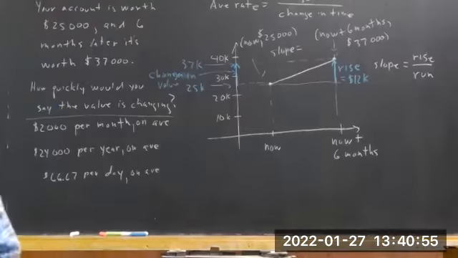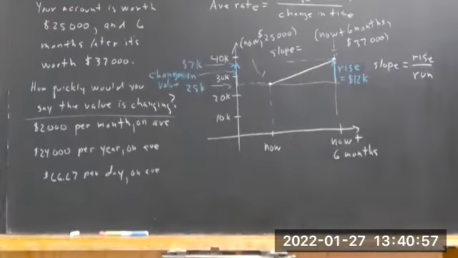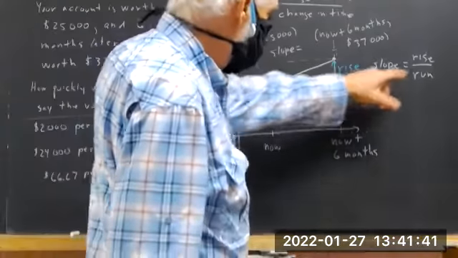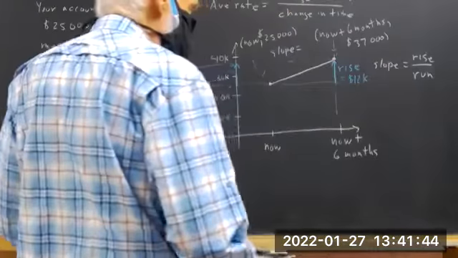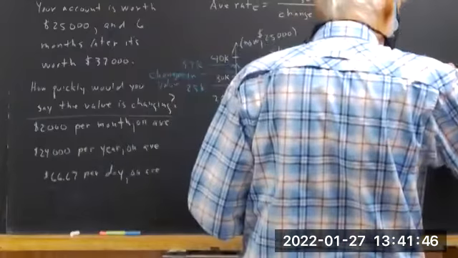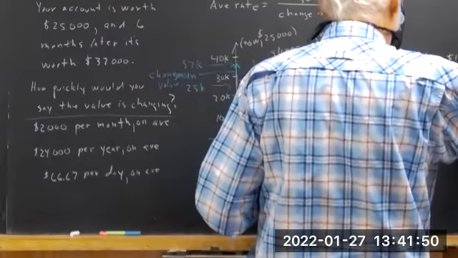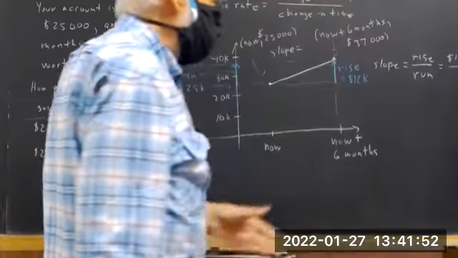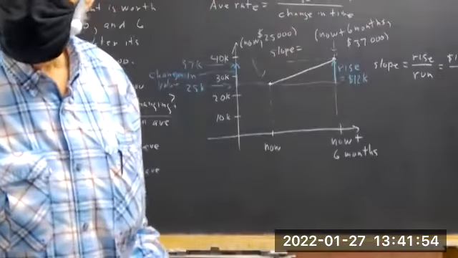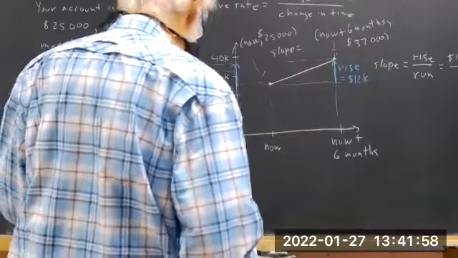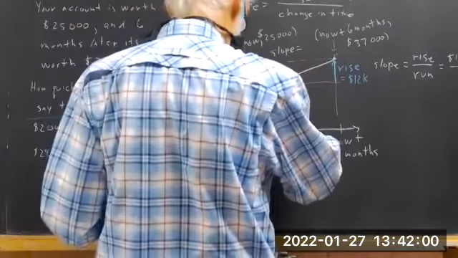Now, what do you think the run is? Let me pause the video. Okay, so knowing that the rise is $12,000, we have to divide that by the run. What's the run? Well, here's the run.